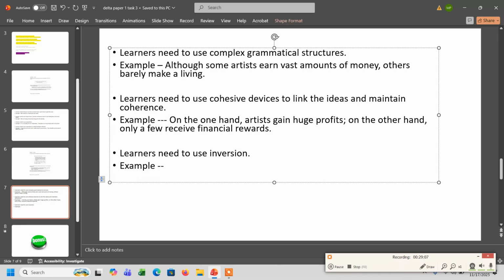Example, because it is also talking about government, right?